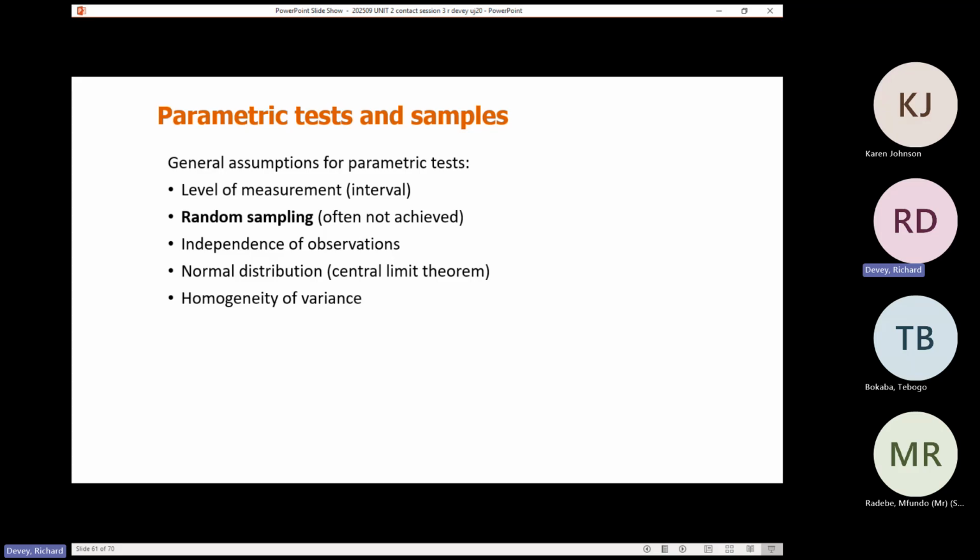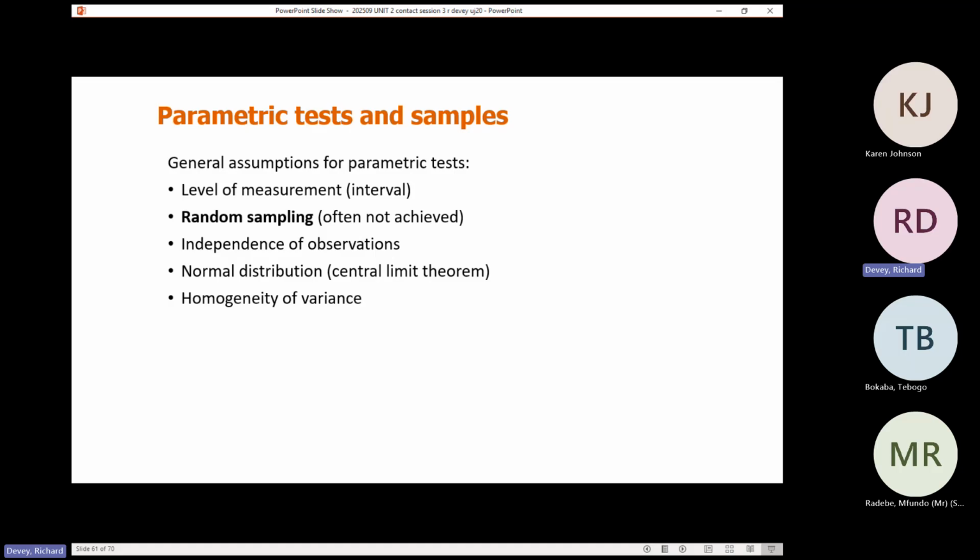Then, just to note again, going back to linking the sampling to the parametric test, I think I mentioned this already. One of the assumptions of parametric tests is that the measurement was obtained by using a random sample from a population.